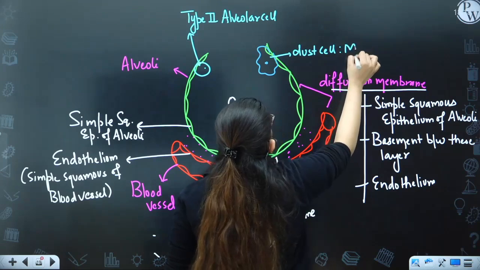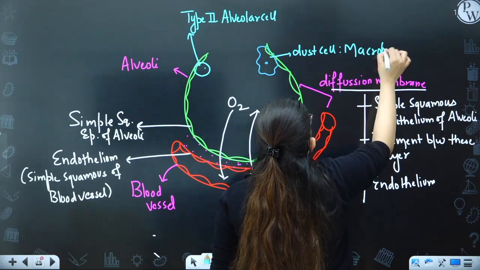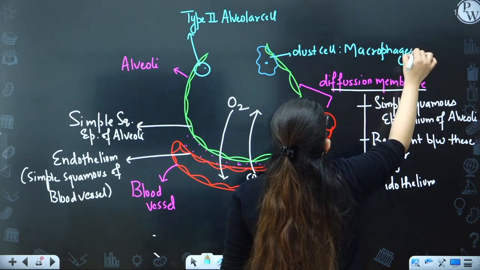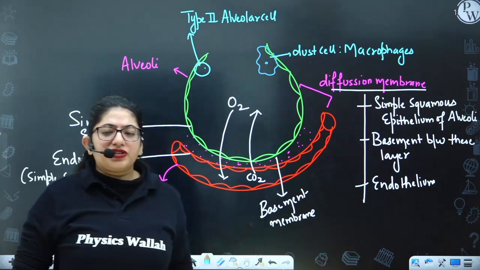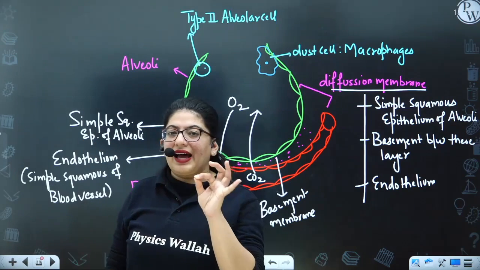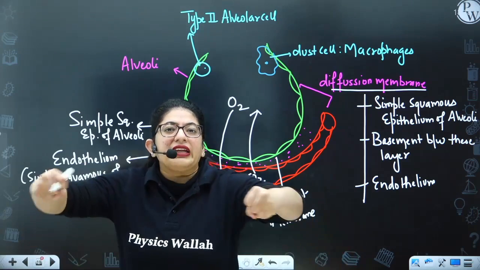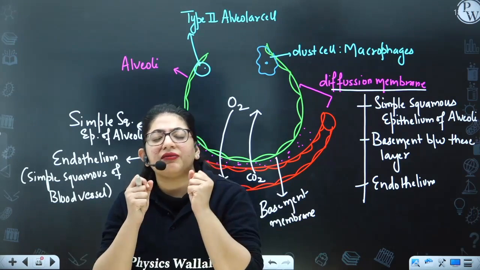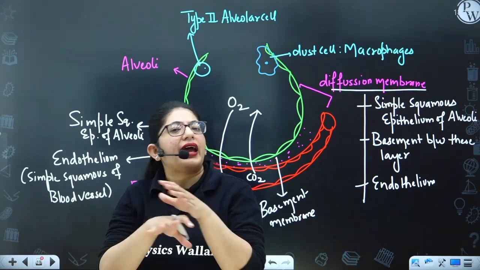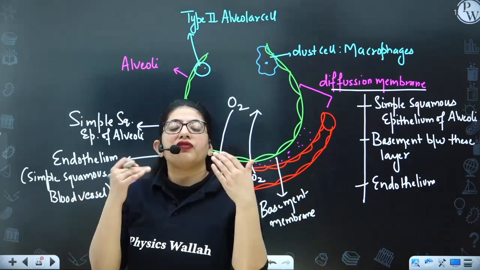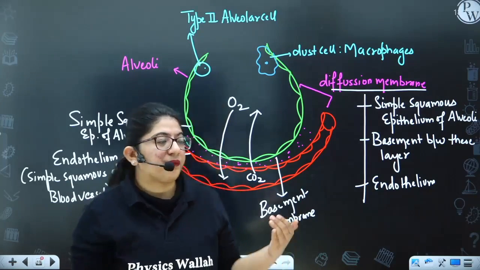Dust cells are macrophages. What is the function of macrophage? These are immune cells that undergo phagocytosis, and they engulf the microbe or any bad thing that comes there, and eat it. So it's a kind of immune cell that provides protection.